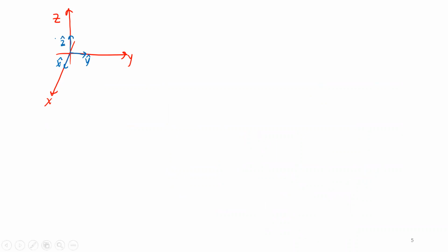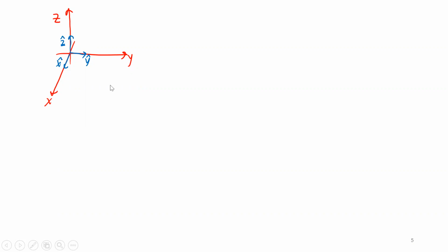Clearly, these three vectors form an orthonormal set, so an orthonormal basis for this three-dimensional space.